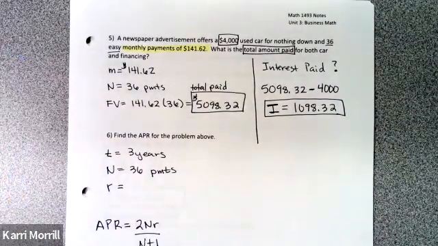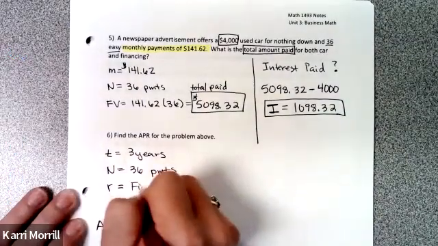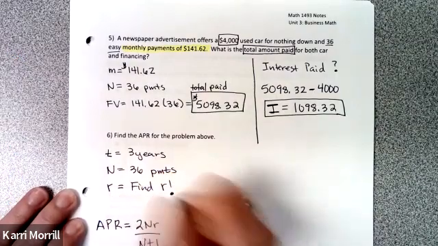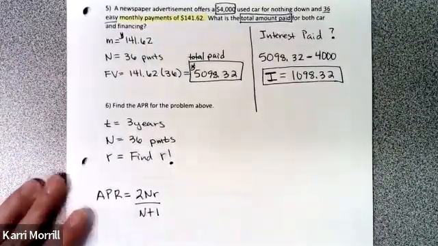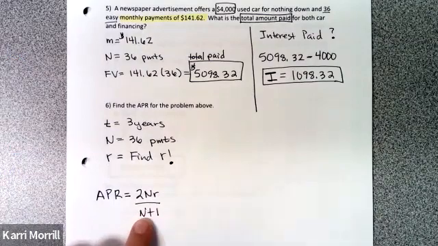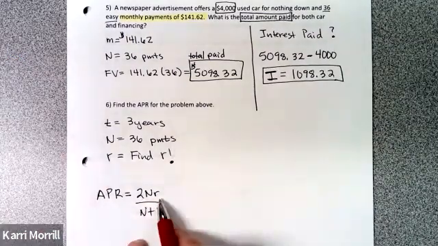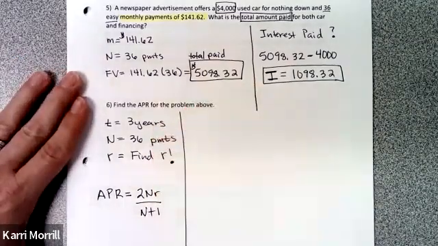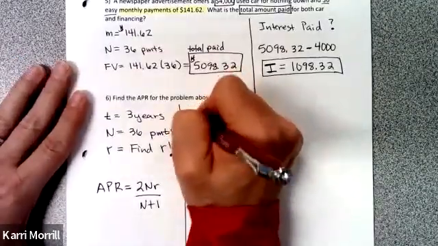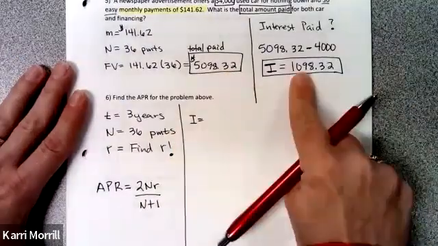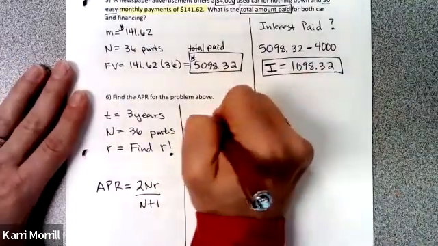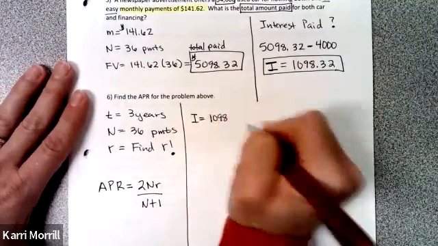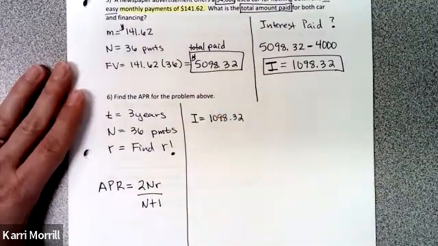So unfortunately, that means we're going to have to go find R. That's what we don't know, because we know the number of payments already. So we have to go find that. So let's go think about what we do know. What we do know is my interest amount is what I found already, $1,098.32.